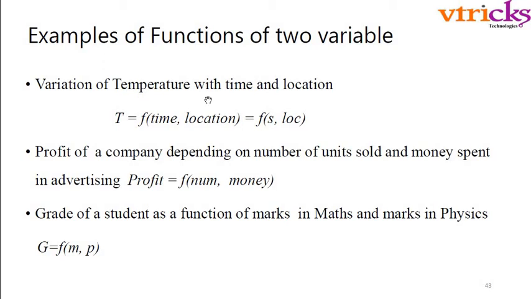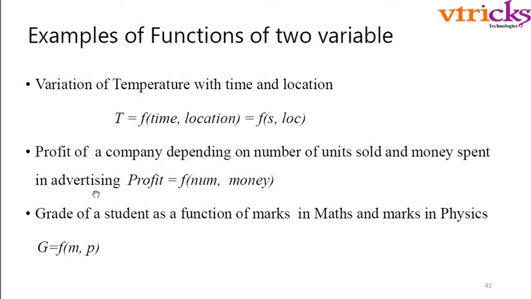In Bangalore, we have different temperatures at different times. So we can talk of temperature as a function of time and location. So now we have two variables. So we can write f is a function of time comma location. Similarly, if you consider the profit of a company, it can depend on the number of units sold. And it can also depend on the money spent in advertising.